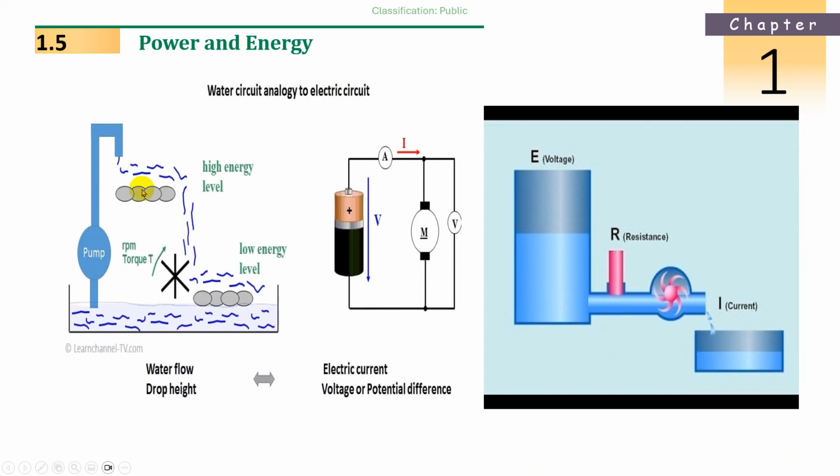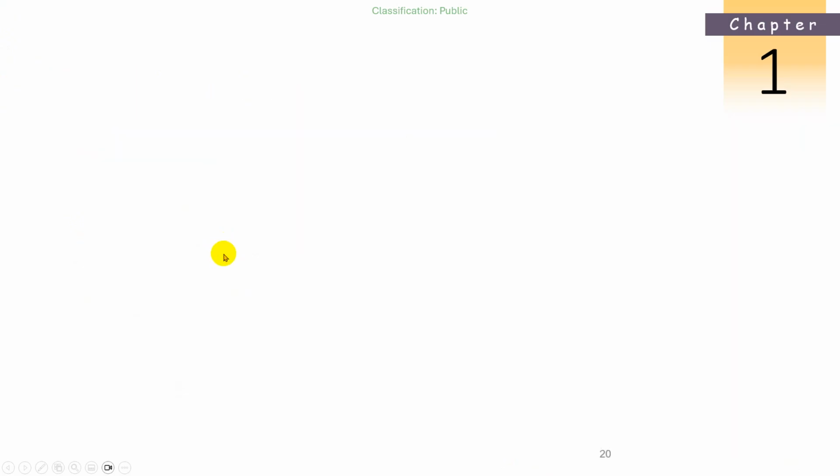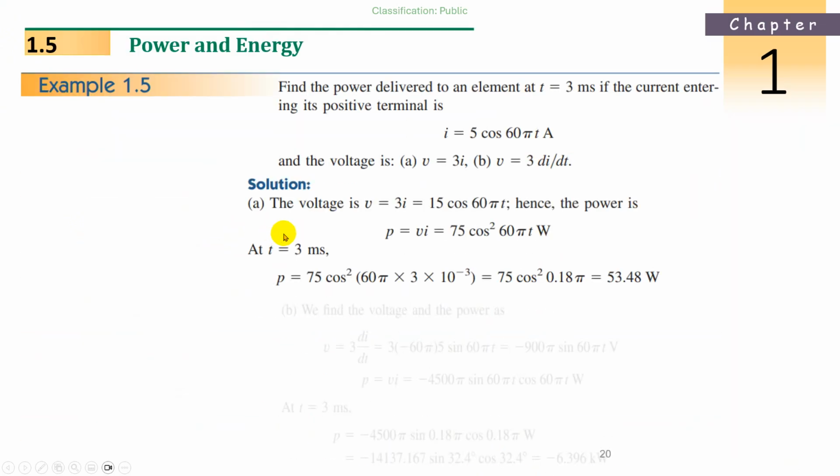We studied how the pressure is built up, what is the voltage, what is the current. Then we had the power equation and the energy equation also. Some problems also we studied, like these problems.